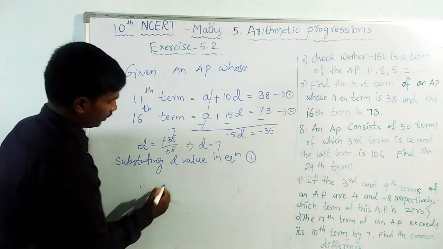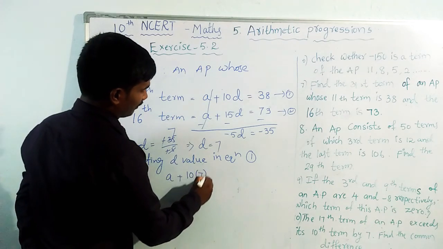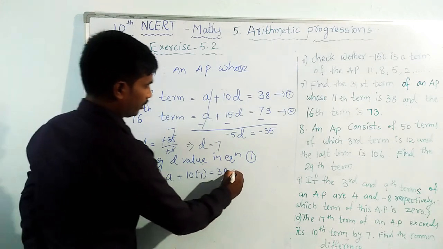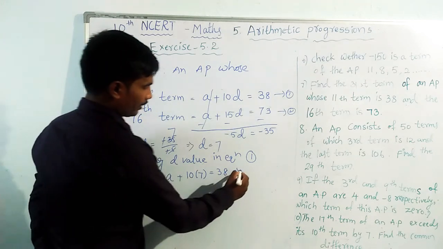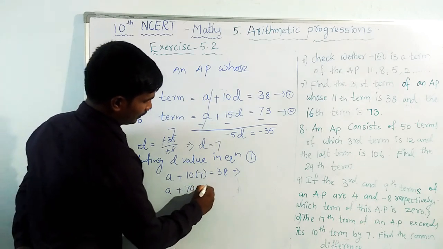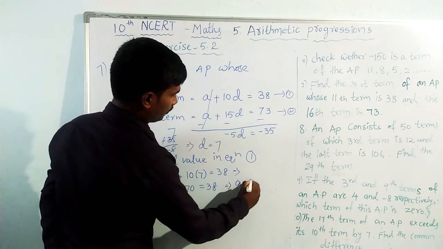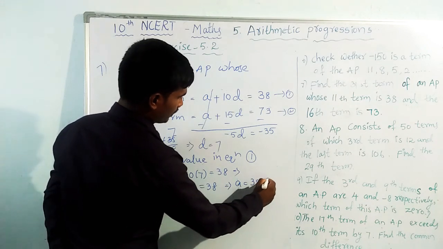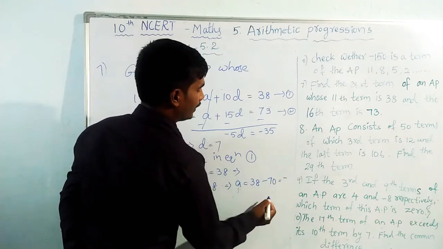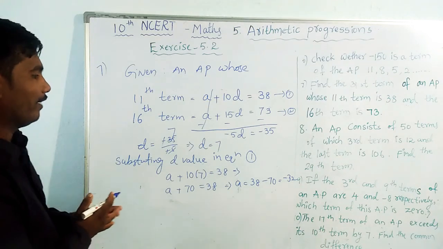What is the d value? a plus 10 into 7 is equal to 38. So a plus 70 is equal to 38. a is equal to 38 minus 70, which is minus 32. Minus 32 is the a value.